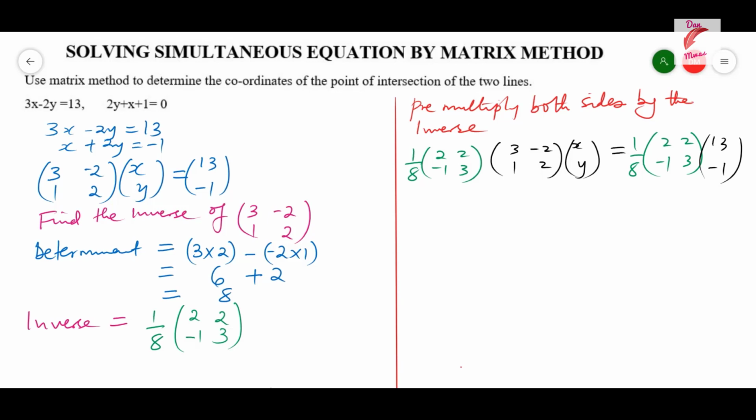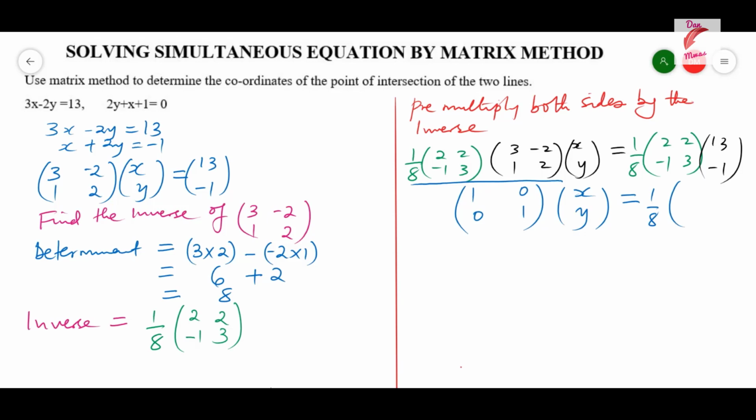Now when you multiply this one on this side, you get an identity matrix 1, 0, 0, 1. When you multiply the whole of this, then you have x, y. Multiplying this, the 1/8 stays.